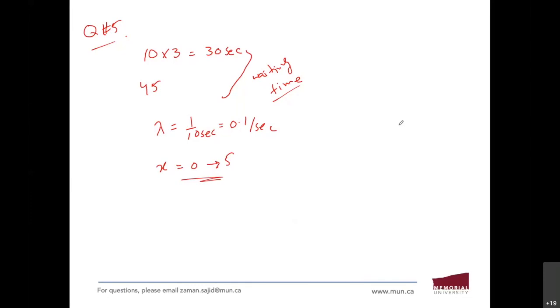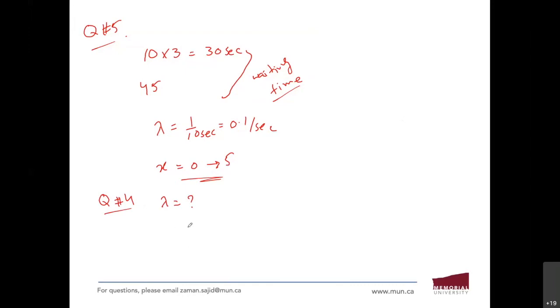Now, in question number 4, if you have correctly calculated part A, now in part B you need to use the Poisson distribution. It is mentioning that it is time dependent, right?